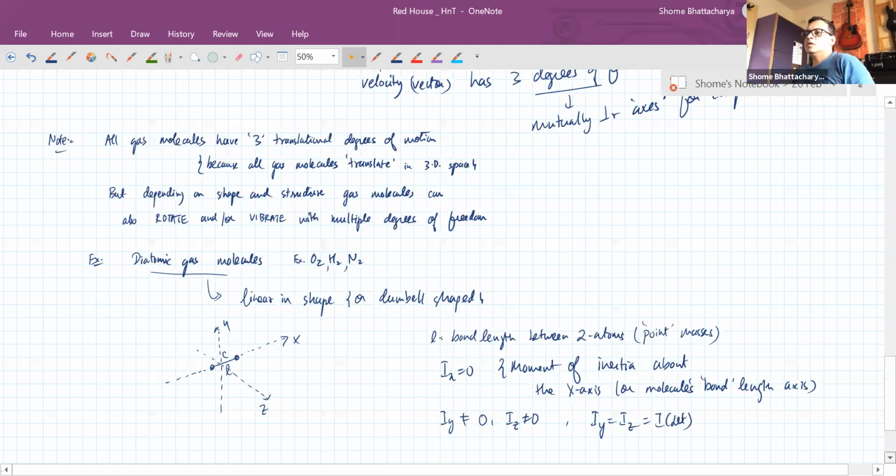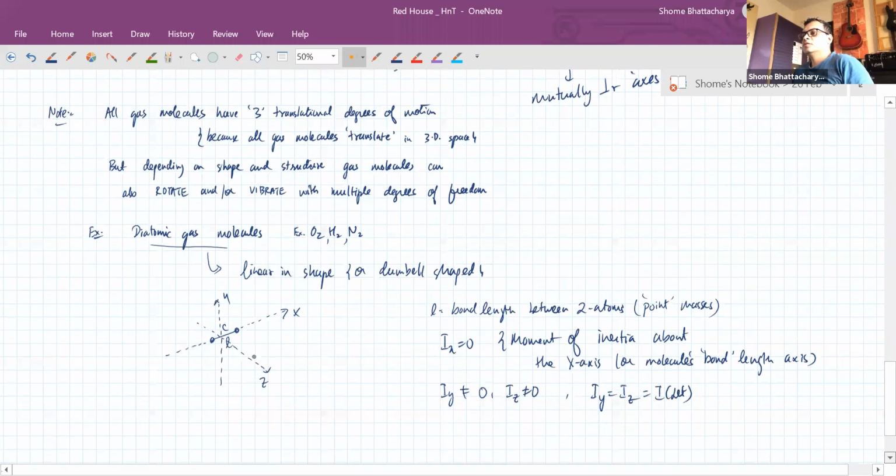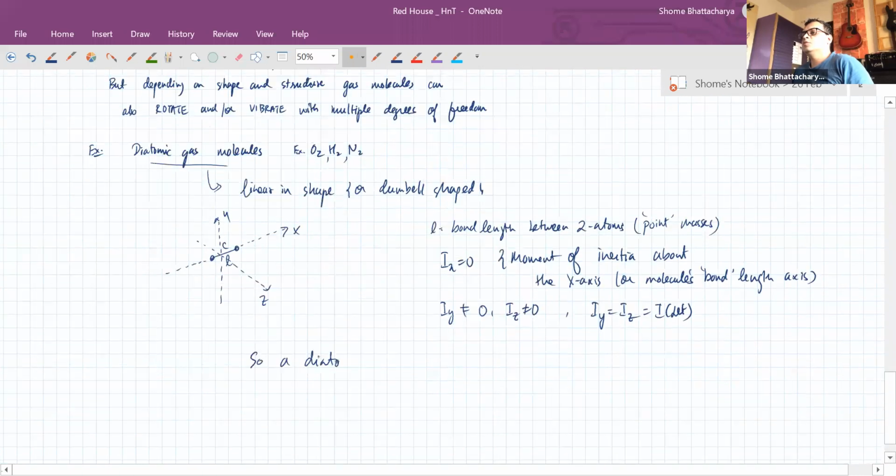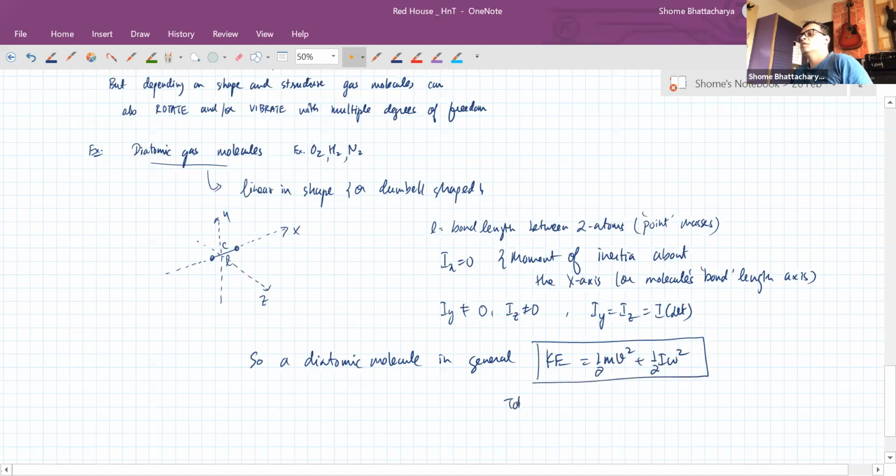So a diatomic molecule in general has translational kinetic energy plus rotational kinetic energy. Its total kinetic energy is the sum of translational plus rotational kinetic energy.